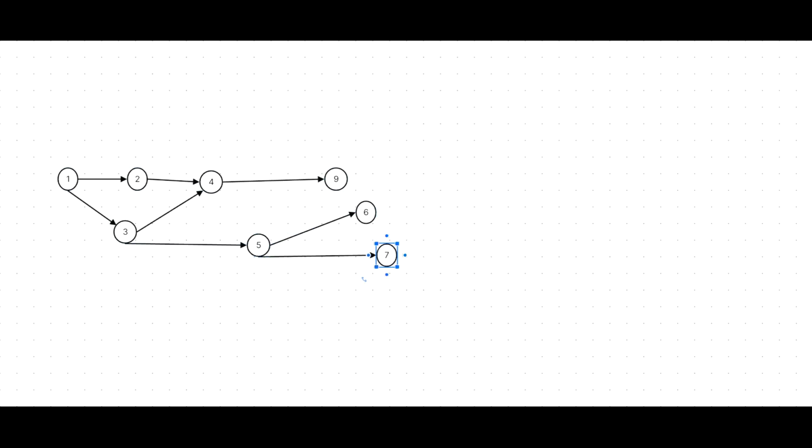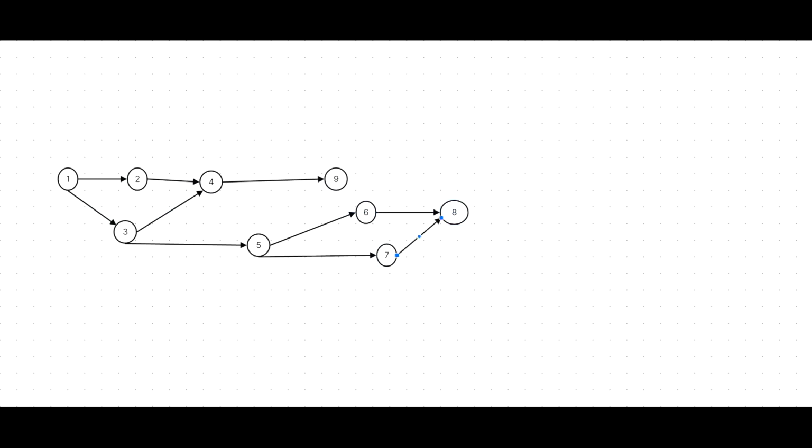5, 7, 6, 8, 7, 8. 6, 8. 7, 8. Just do the arrow.